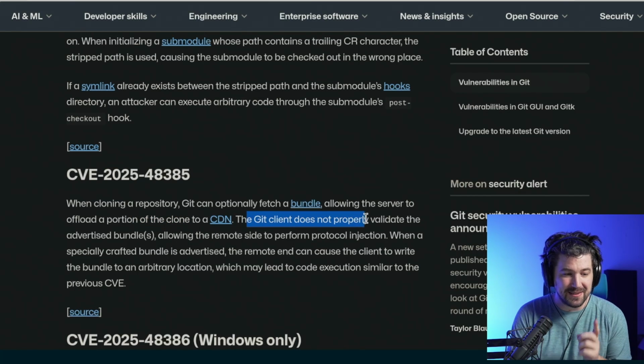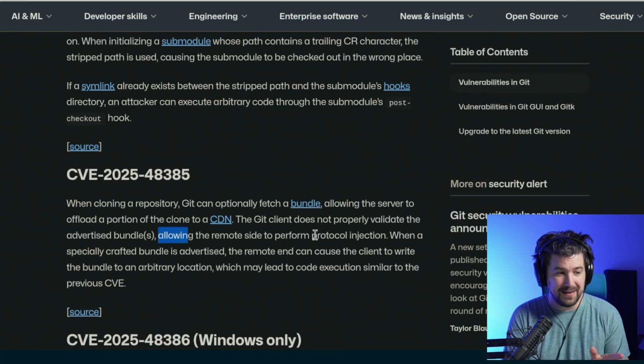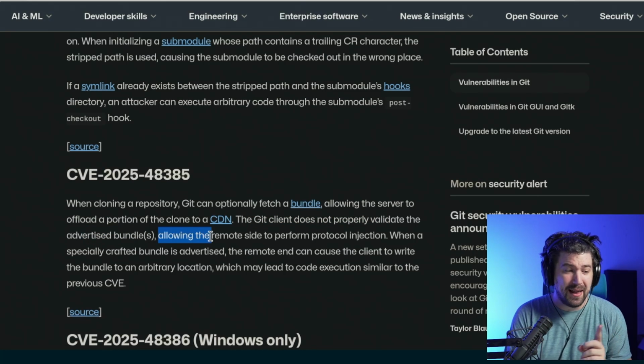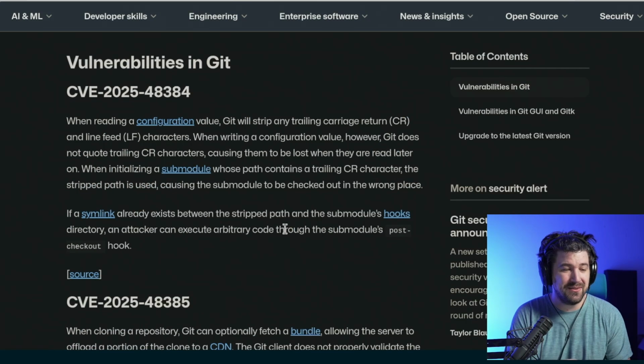The Git client does not properly validate the advertised bundles, allowing the remote side to perform protocol injection. When a specially crafted bundle is advertised, the remote end can cause the client to write the bundle to an arbitrary location, which may lead to code execution similar to the previous CVE.